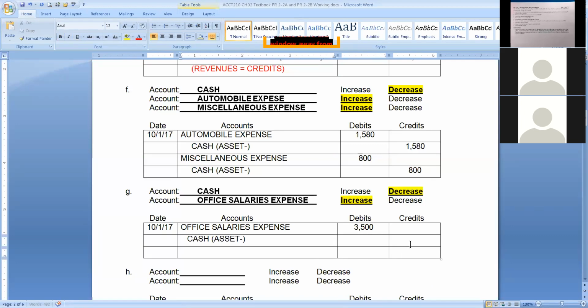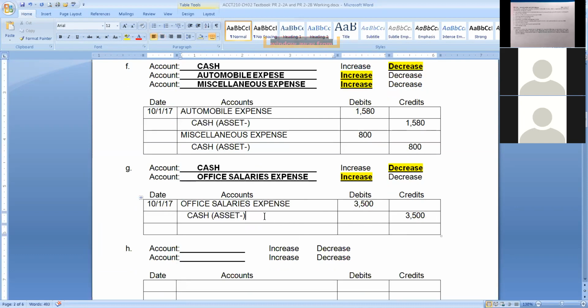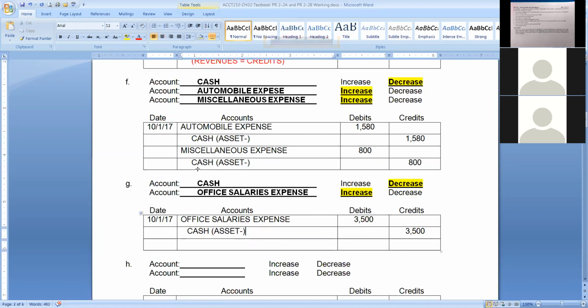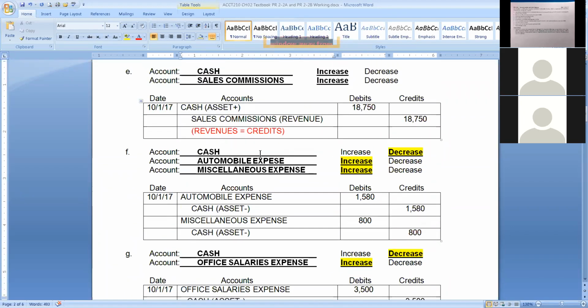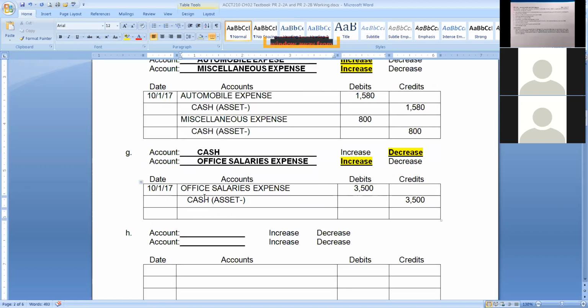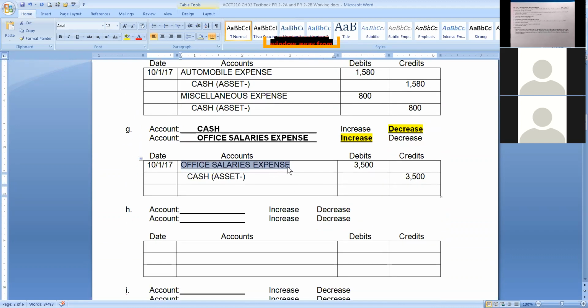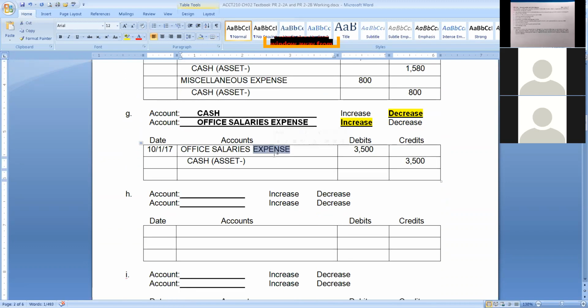Going down, we could always look on a sheet and see the same thing. We've done cash quite a few times, so I think we're getting fairly familiar with this. When you pay out cash, it's going to be a credit. Cash coming in is a debit. And the big thing here, whenever you run into an expense, it's a debit. So when you run into an expense, you say yippee. Well, you don't want to say yippee because you have to pay it out, but you say yippee if you're an accountant because you know it's a debit.